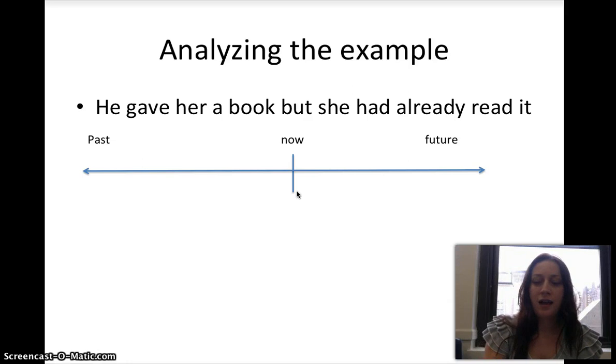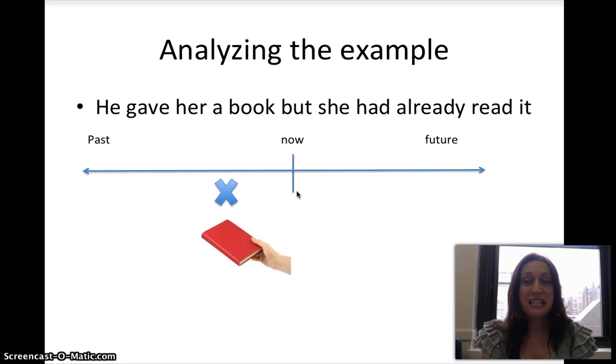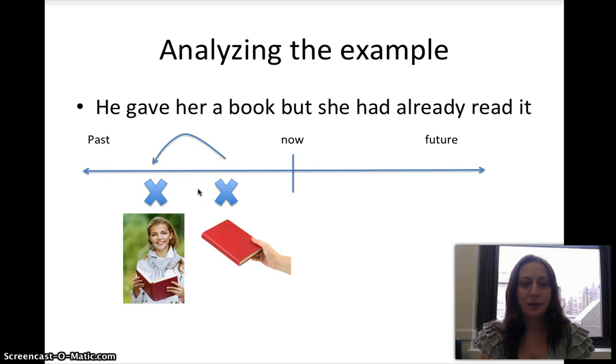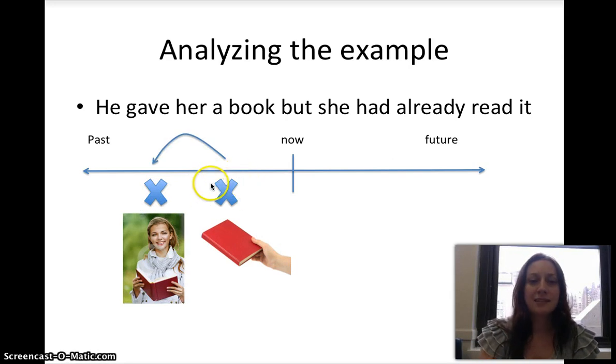Okay, so first event that we're going to plot on here is he gave her a book. That happened in the past. And then the next one, her reading the book, which happened before. Okay, so we use an X to mark an event, and we use arrows to show connections between events. You might also want to illustrate it using visuals and pictures as well.